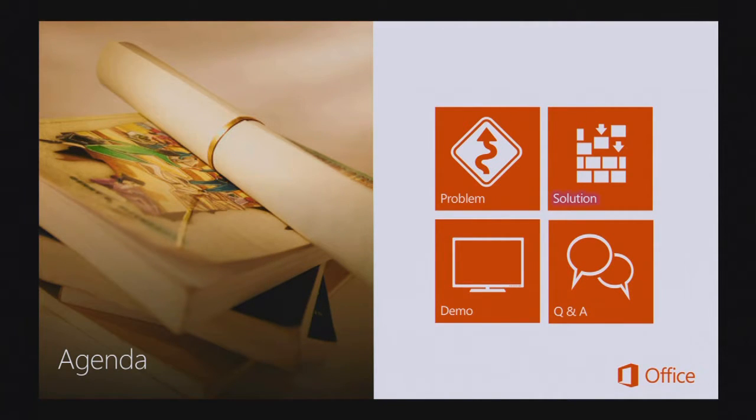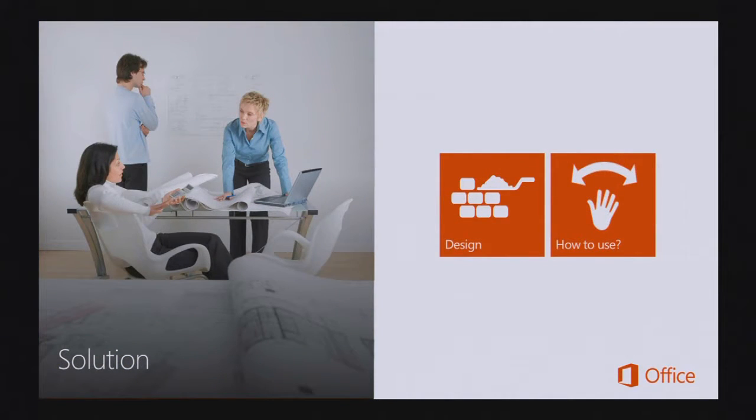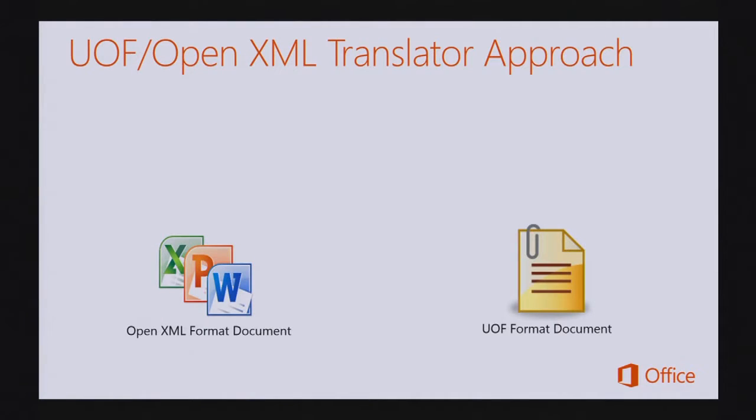How to resolve the interoperability problem of OpenXML and UOF? Okay, we have two parts to introduce the solution. One, I'll introduce the design, then come to how to use it. Different Office products deal with different file formats.